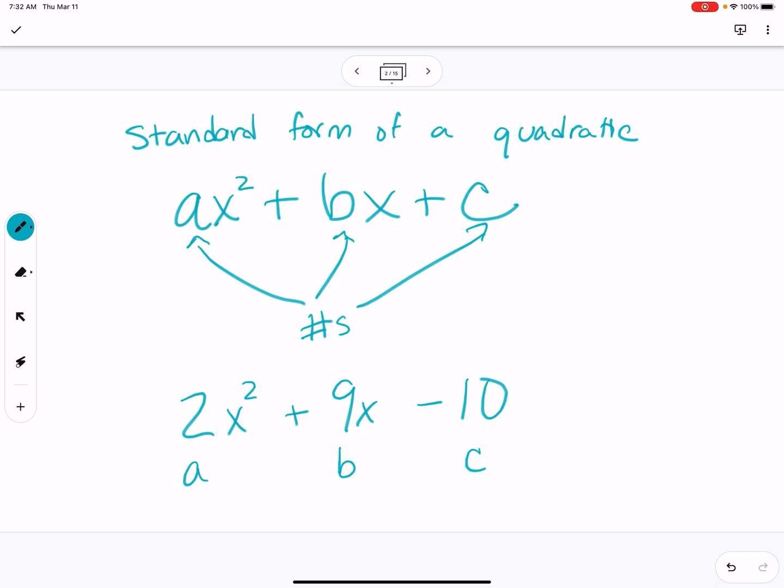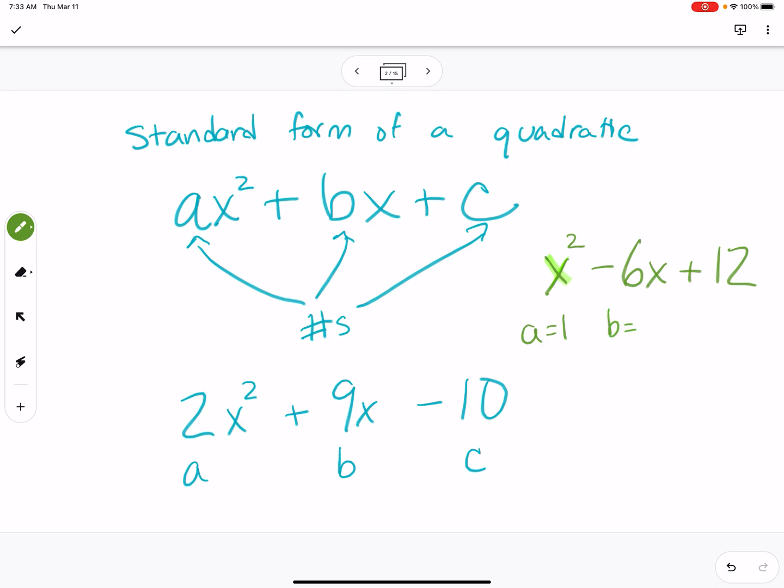Let's do that one more time just so you understand what each of those numbers would be. Here, if I wanted to identify A, B, and C: because there is nothing in front, A we know is the invisible number, so A would equal 1.